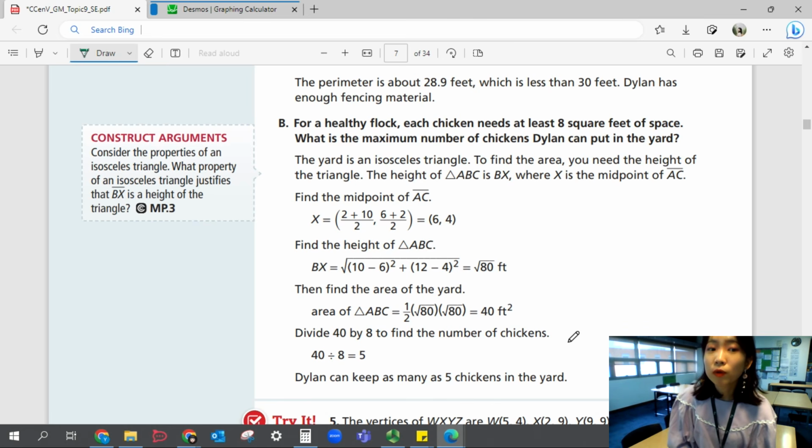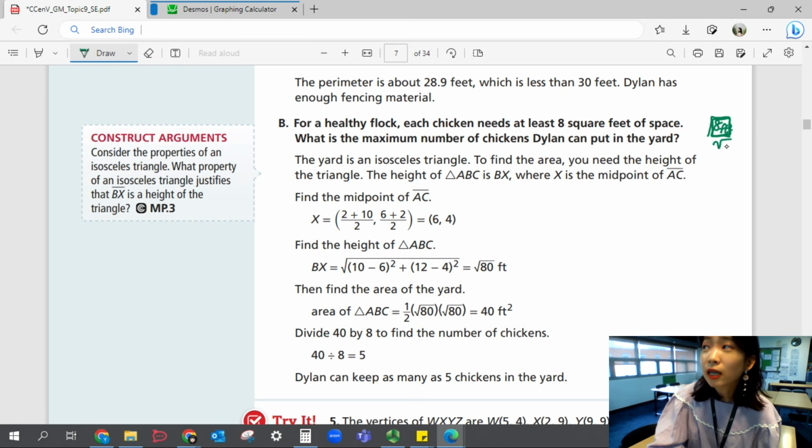So we want to keep the rule of having 8 square feet. Whenever you see square feet, square units, you're going to think that is talking about the area, okay? Just feet would be just one side, one dimension. So 8 square feet means whatever your square is, the area is 8 square feet.